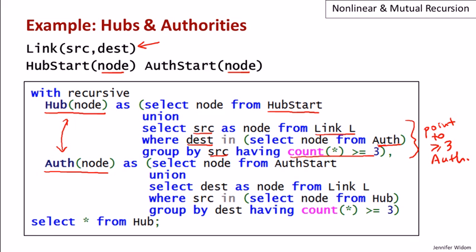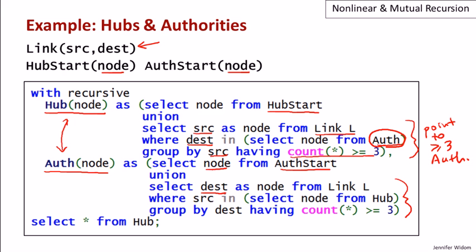Now here, of course, we're referring to authority, which itself is a recursively defined relation. The authority relation is very similar, as I said. We start with our base case of adding nodes that are in the authority start relation, and then we consider destinations instead of sources in our link relation such that there are at least 3 sources that are hubs, and that's what we've got down here.